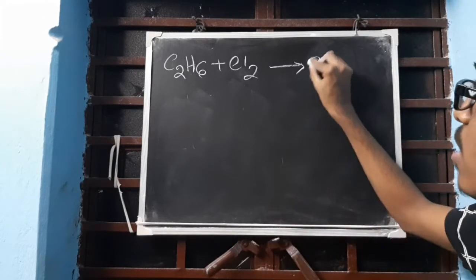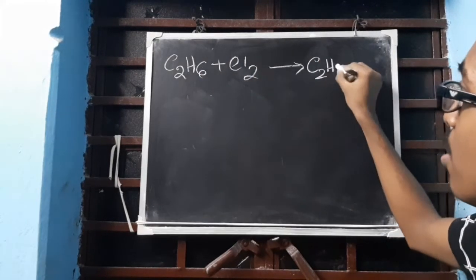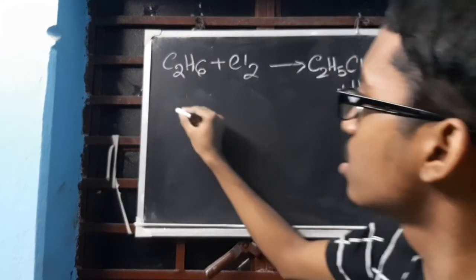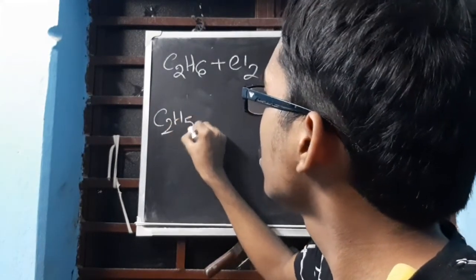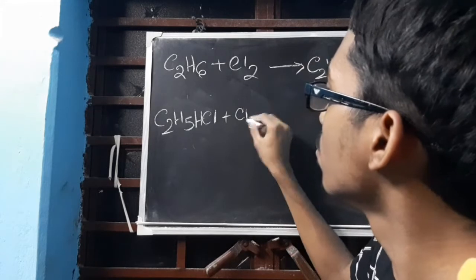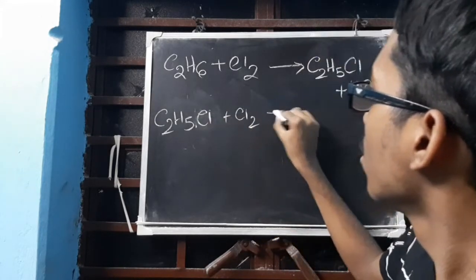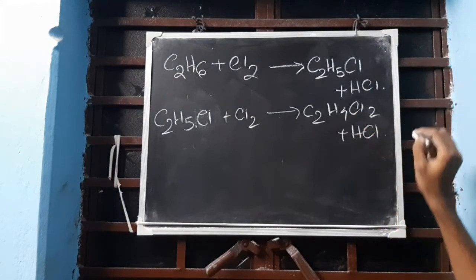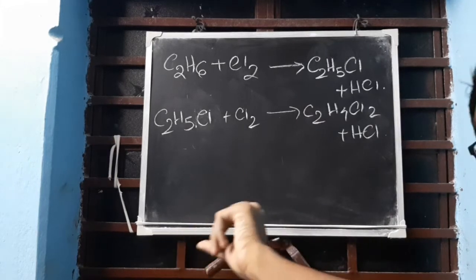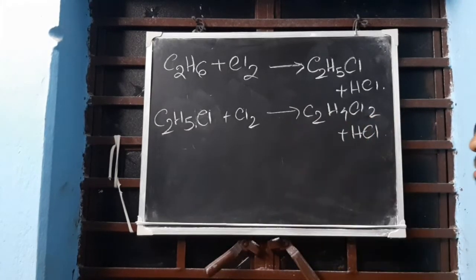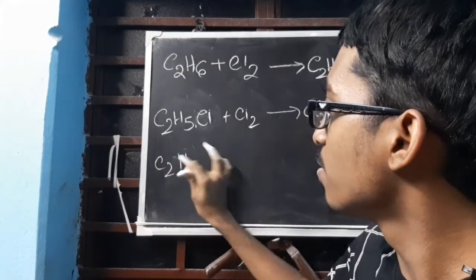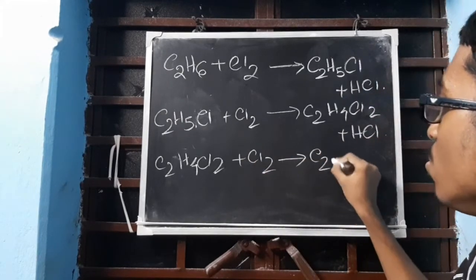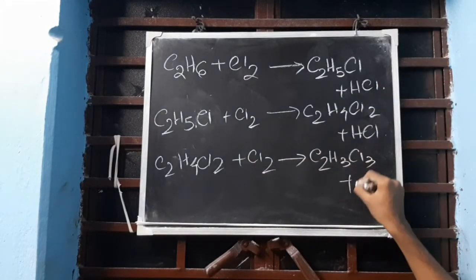So in the first step one hydrogen will go away, the carbon number will not change, be careful. So this is C2H5Cl plus HCl. Next step will be C2H5Cl plus Cl2 will give you C2H4Cl2 plus HCl. Do you see, every step one hydrogen is getting replaced, and chlorine is entering? Another step: C2H4Cl2 plus Cl2 gives C2H3Cl3 plus HCl.